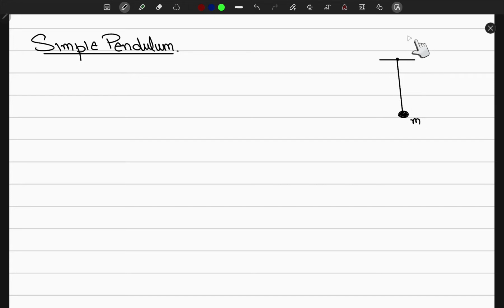This string is so thin that it is almost weightless, so we can assume it has negligible mass. The assumption is also that this string should be inextensible, which means that it should not be elastic or extendable, right?